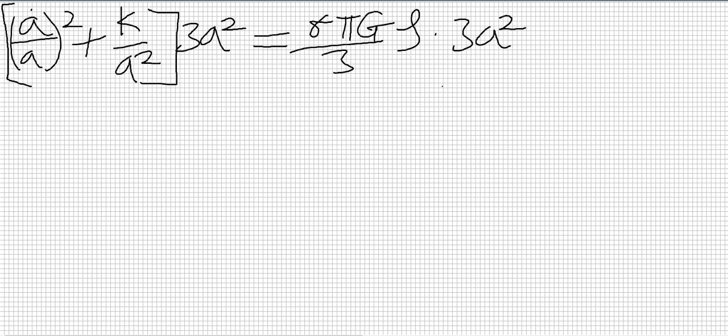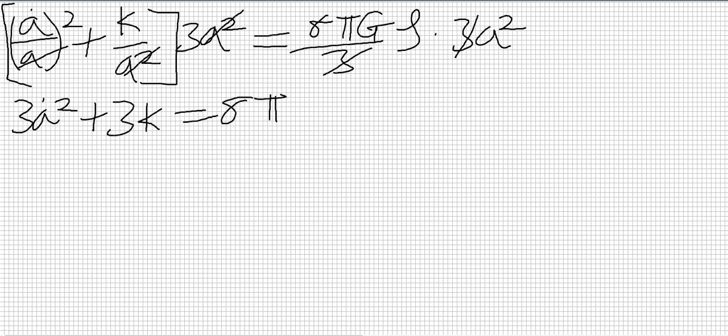Looking at the right hand side, obviously 3 goes with 3. And looking at the left hand side, a squared will cancel with the a squared at the denominators. So what we'll end up with is 3 a dot squared plus 3k equals 8 pi G rho a squared.